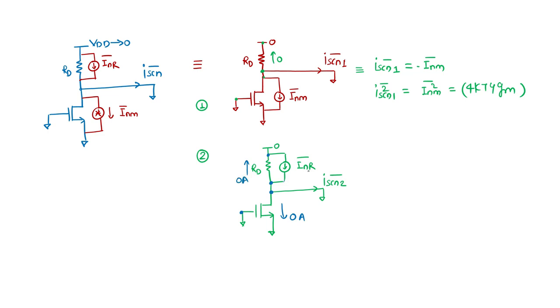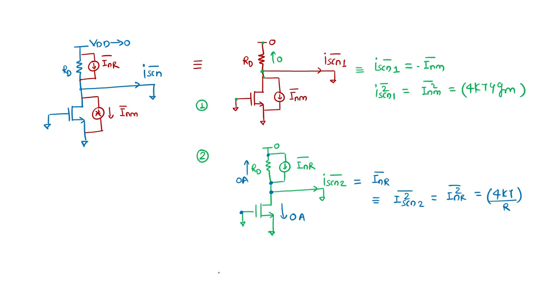So only this current I_NR flows through the short circuit current of the output. In terms of mean square value, I_SCN2 is I_NR squared, which is nothing but 4kTR.